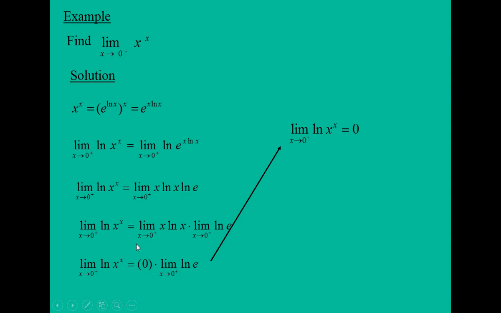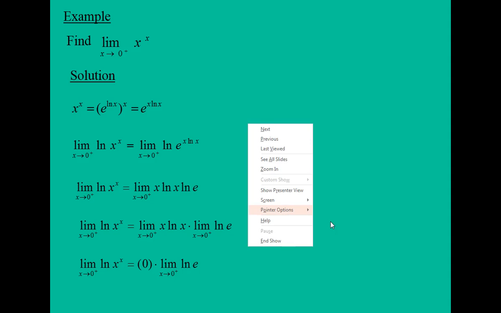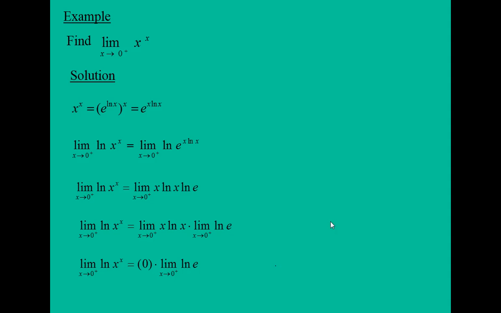So we have our limit of ln of x, and finally we get our limit equals 1. Now if we backed out of this and used the other technique that we looked at in the last problem that we did, we would say y equals x to the x power.